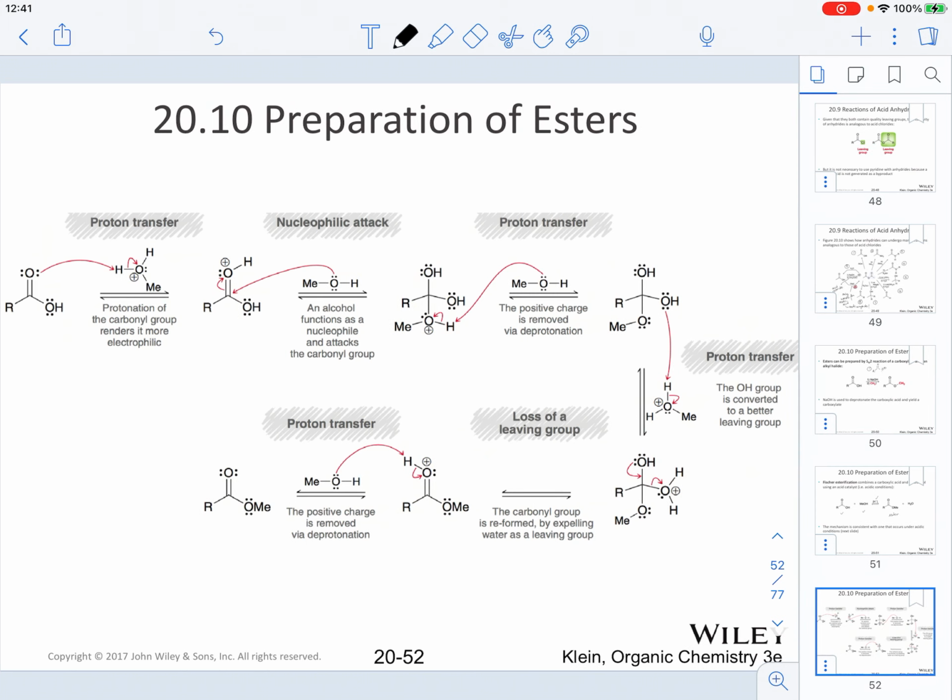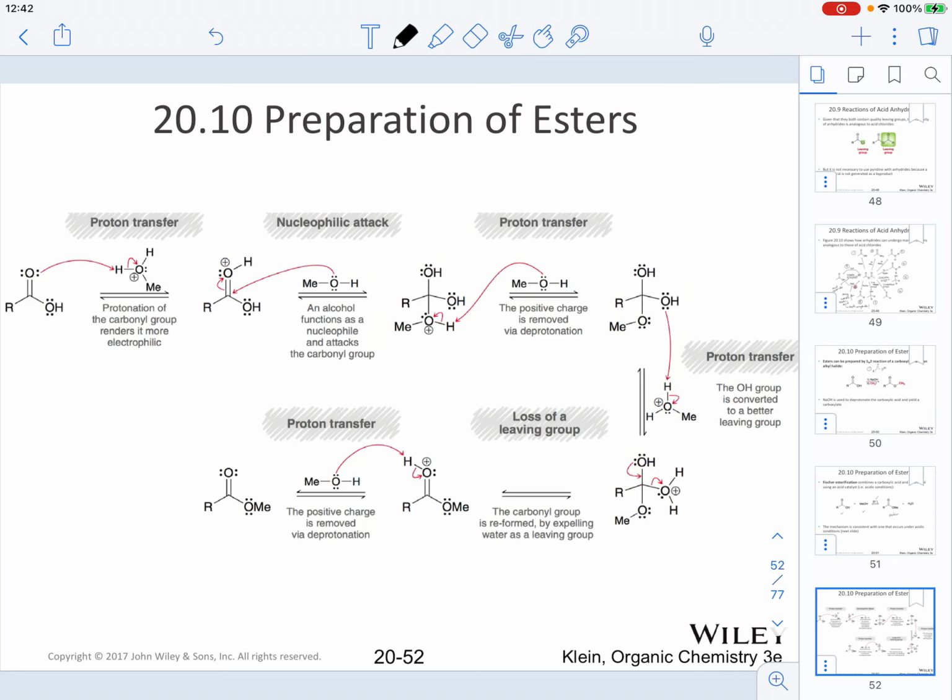Because Fischer esterification occurs under acidic conditions, the first step of the reaction is going to be the protonation of the oxygen in our carboxylic acid. So we have to make that carboxylic acid a better electrophile.